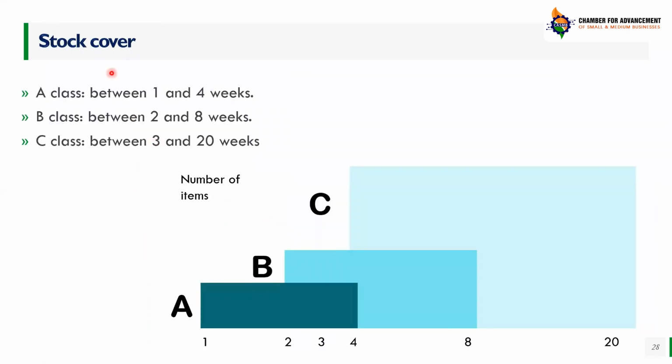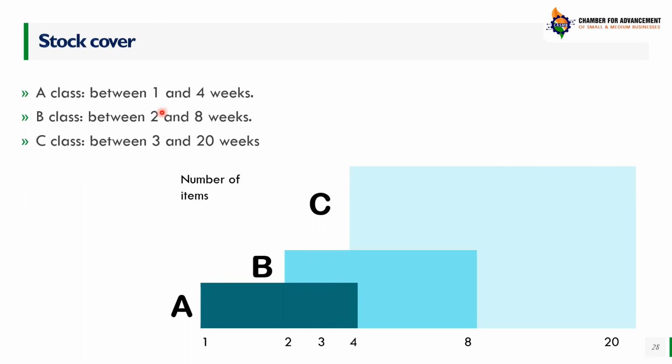Then stock cover is also connected to our ABC classification. Class A, which is giving you the highest turnover, so stock cover can be minimum for that, because maximum cost is associated with class A material and the number is smaller, and the stock can be just sufficient for 1 to 4 weeks.